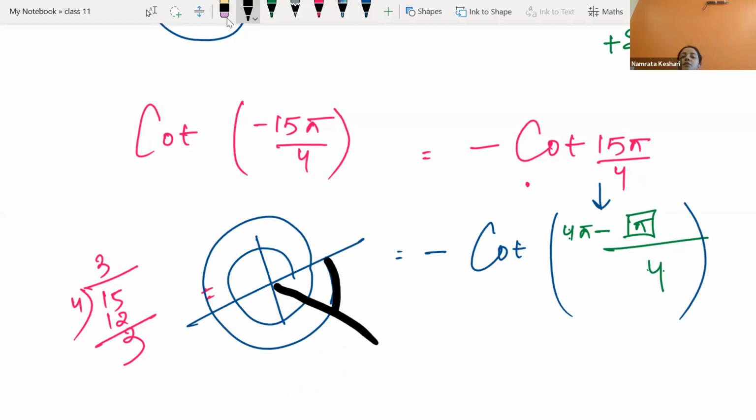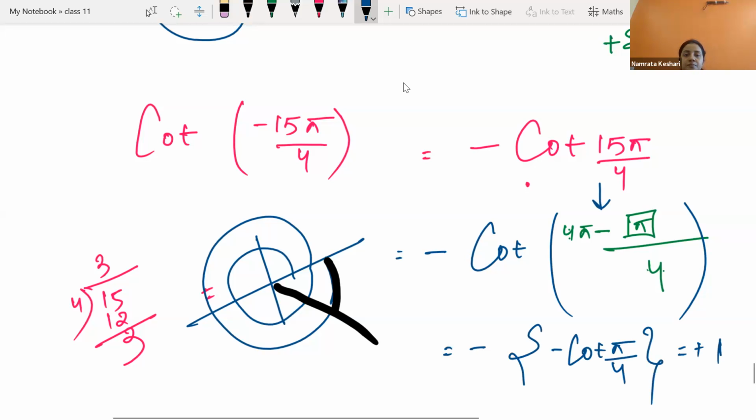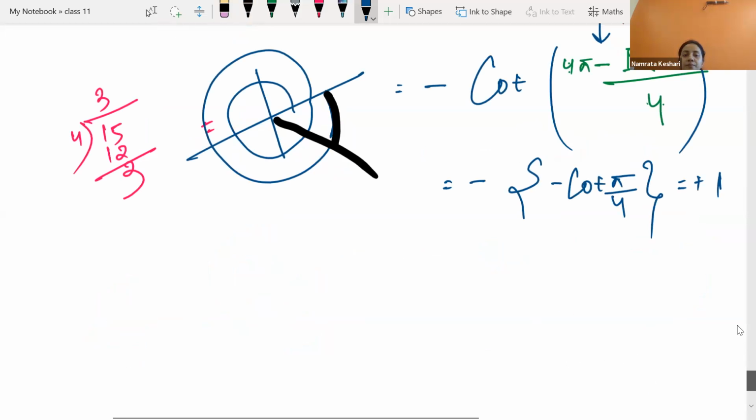So in fourth quadrant, cot is negative. So it will generate negative output, minus of cot pi by 4. Okay, and cot pi by 4 is whatever is the value, 1, we will write it. Got it? Yes, ma'am. This is how we'll be doing the conversion.